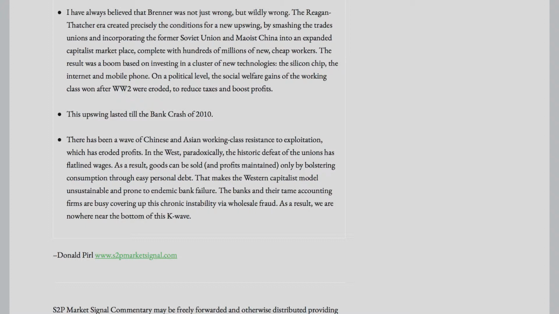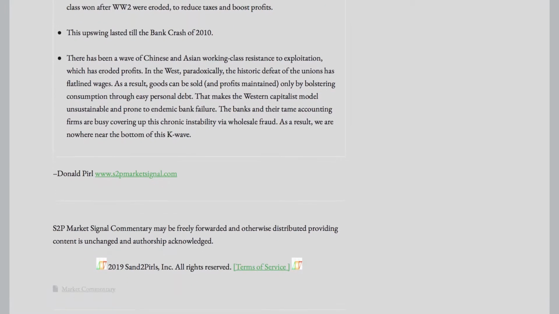The result was a boom based on investing in a cluster of new technologies: the silicon chip, the internet, and mobile phone. On a political level, the social welfare gains of the working class won after World War II were eroded to reduce taxes and boost profits. This upswing lasted till the bank crash of 2010.